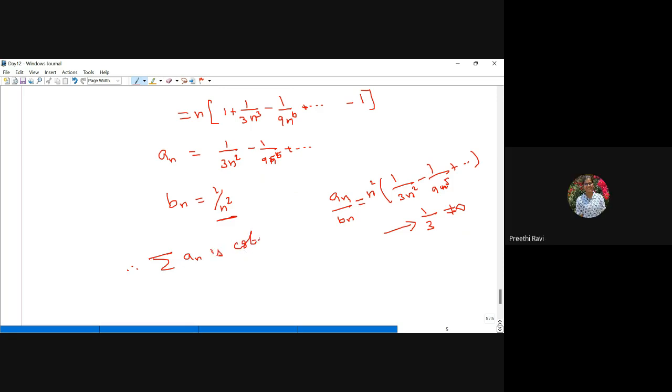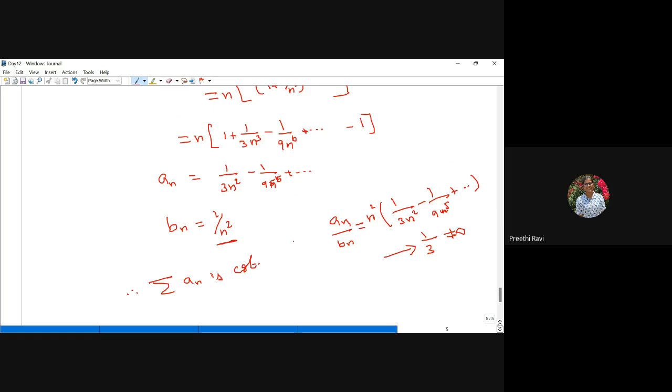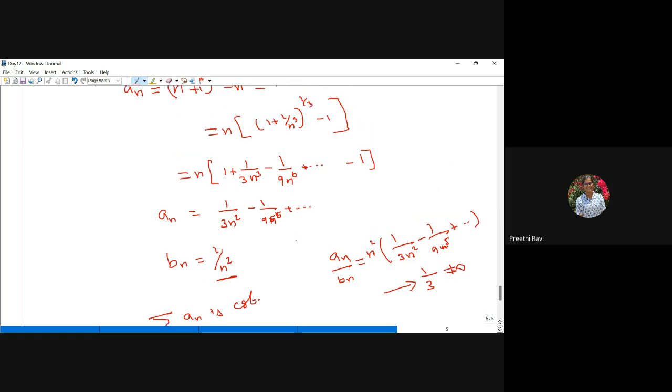Sir, can't we apply the limit directly to an, sir? But we need the series. We have to check that the series is convergent. If you apply n equal to infinity in an, you get 0. From that, what can you say? The an sequence converges to 0, the nth term converges to 0. From that, we cannot say whether the series converges or not.